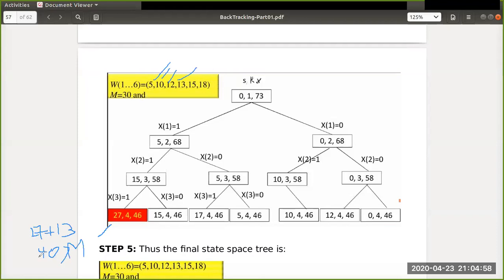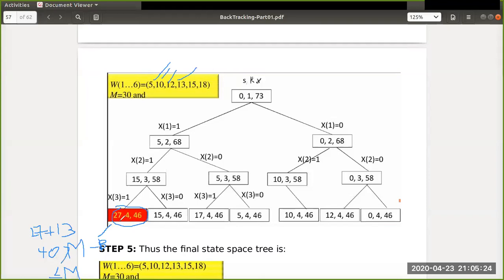I already told you it should be less than or equal to m. So that is false. Using the bounding function we check it, and there is no need to generate. Here we stop, because if we generate, it will be 40. We do not generate the other items.